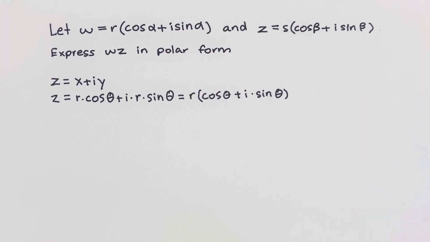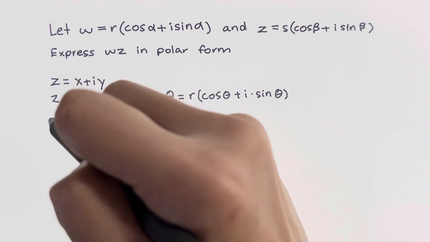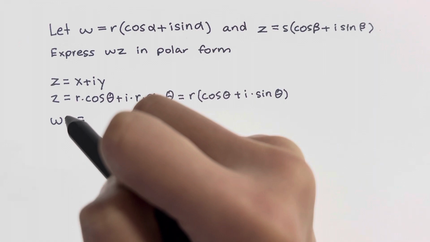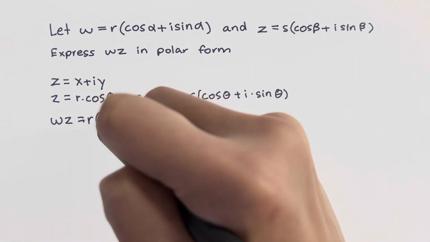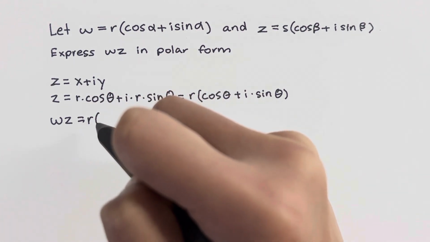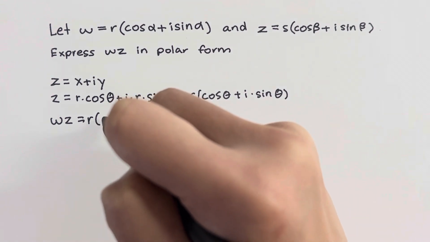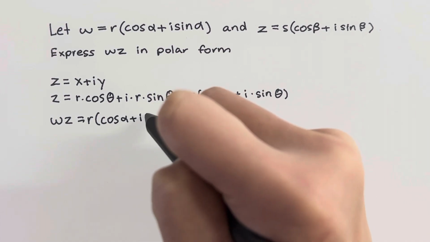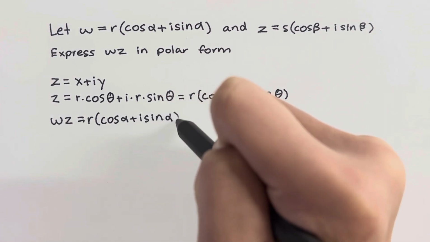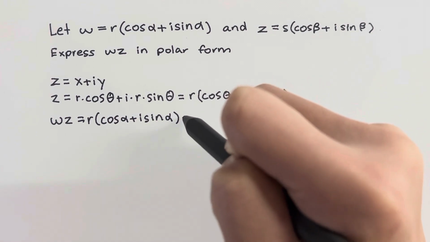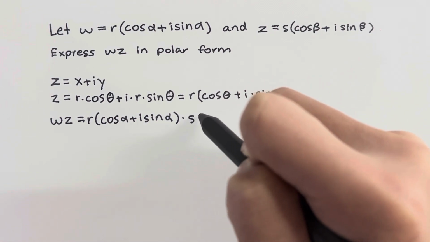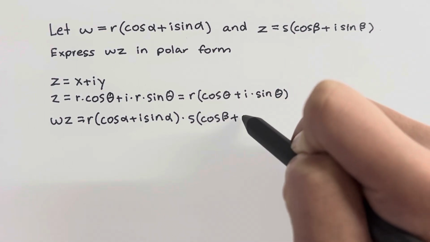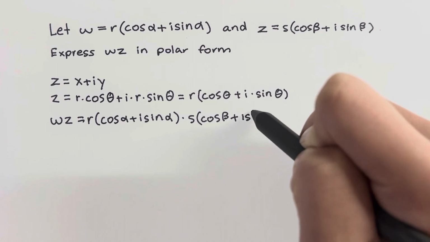So then we can write wz equals r times cosine alpha plus i times sine alpha, times z, which is s times cosine beta plus i times sine beta.